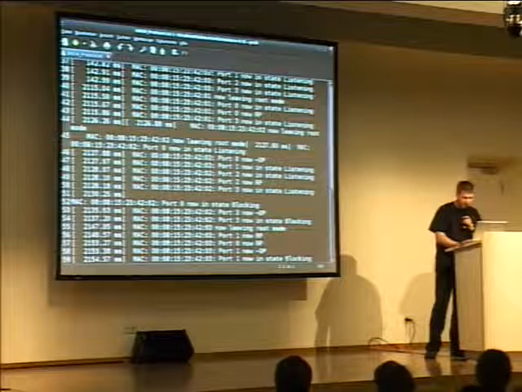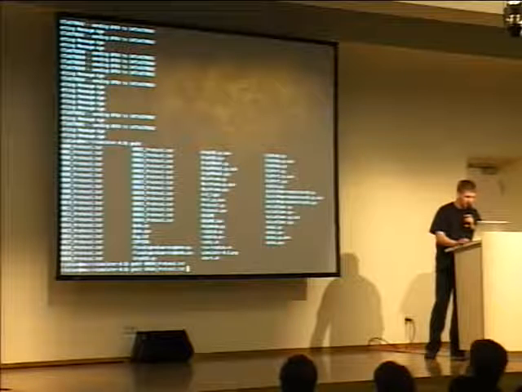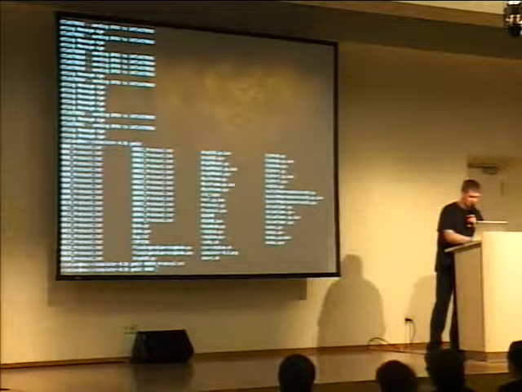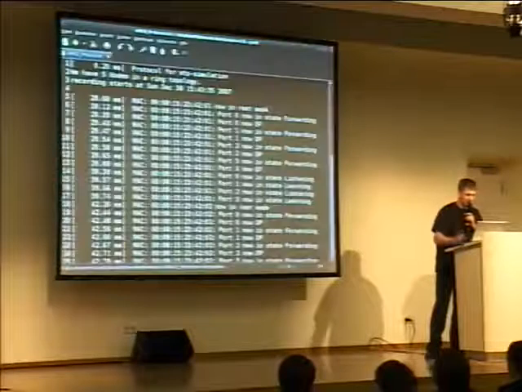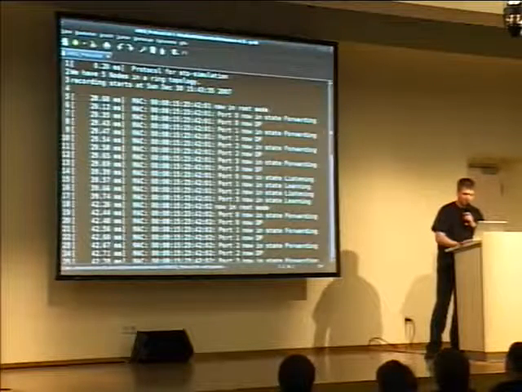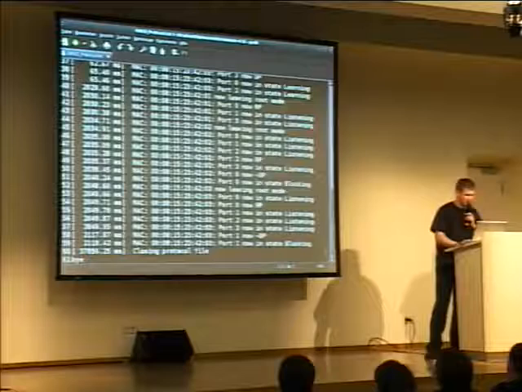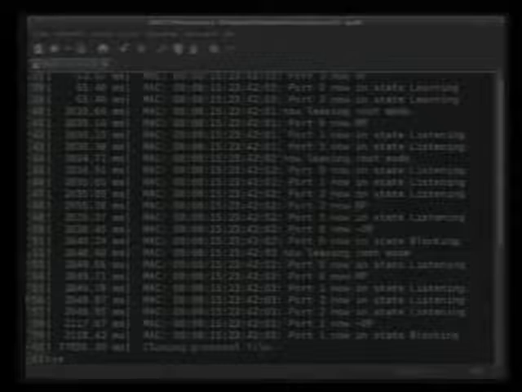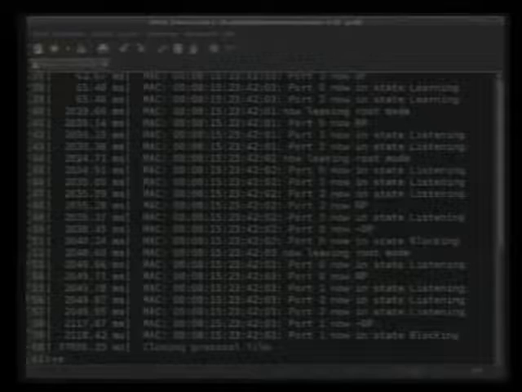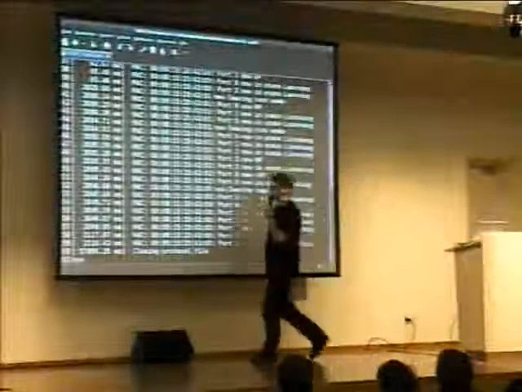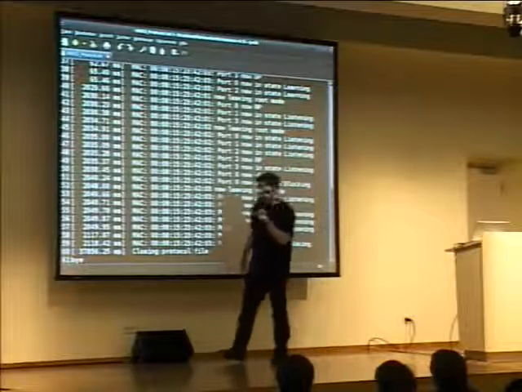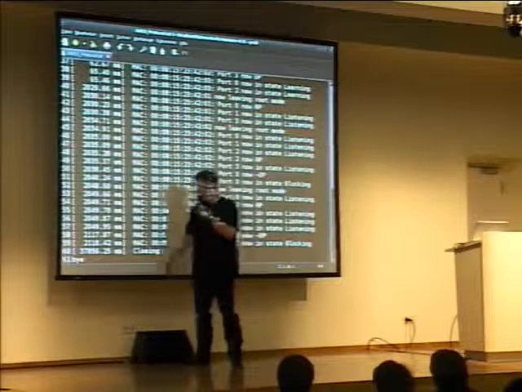So let's have a look at an older log, because I just closed the windows wrongly, I don't know. Let's have a look at this one. So same configuration, I think. So one thing I wanted to show you here is after we have the one root switch, there's the finishing of the last change here, which means that after that no other change happened, and after that our network is stable.